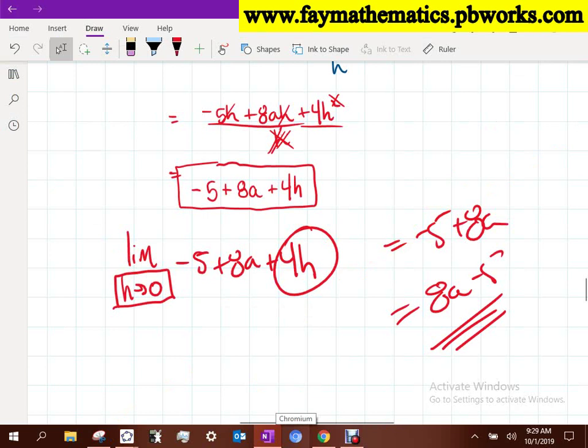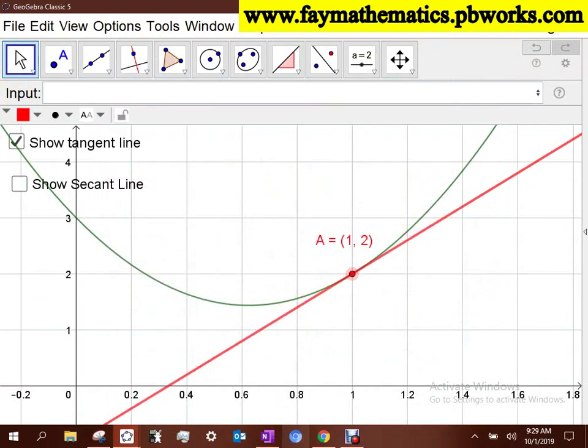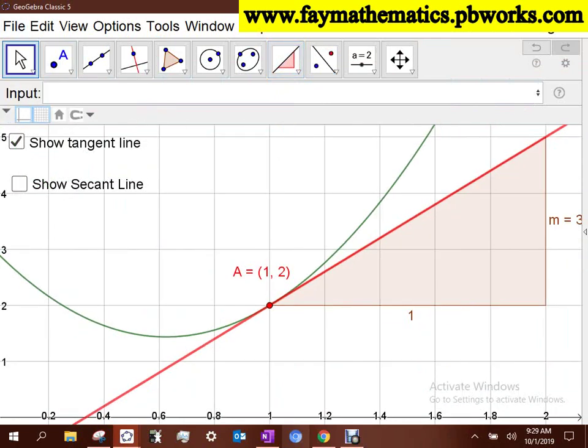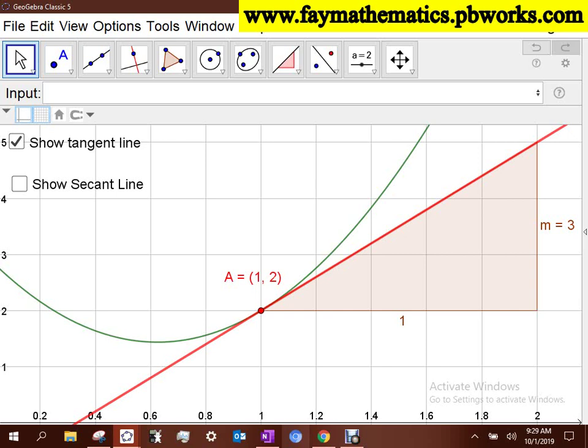So if I plug in 1 right here, 8a minus 5, so 8 minus 5 would give you what? 3. And now if I found the slope of that line right there, see the slope's 3?